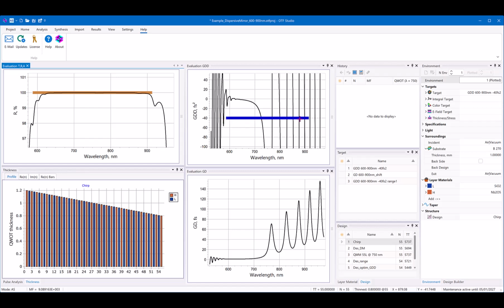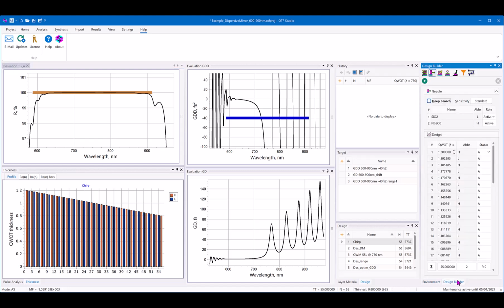I switch to design builder panel and start needle optimization with standard settings.